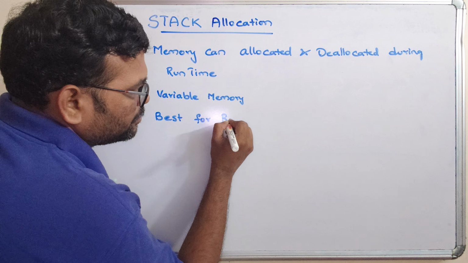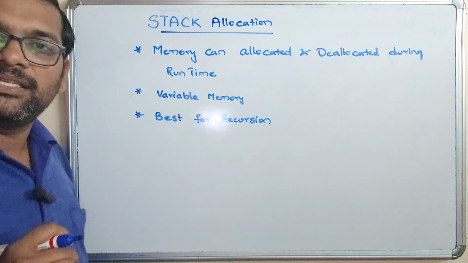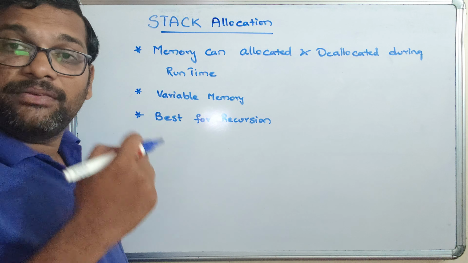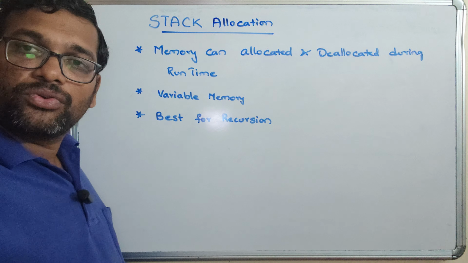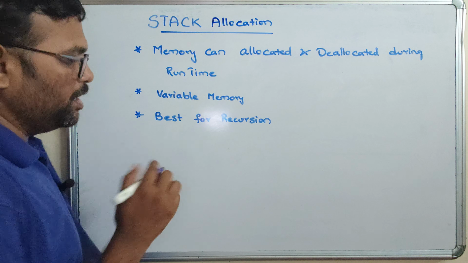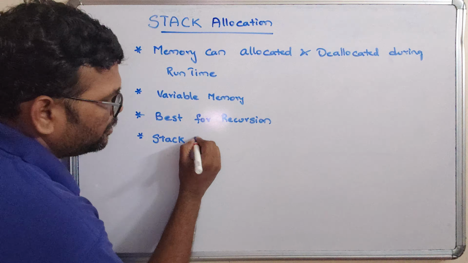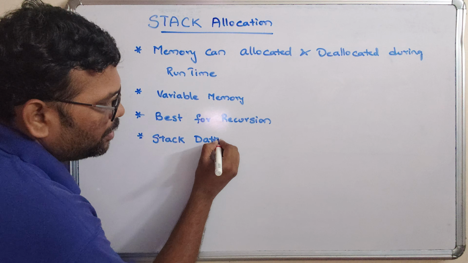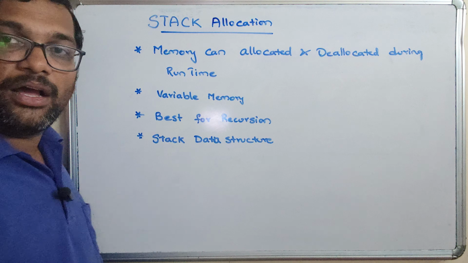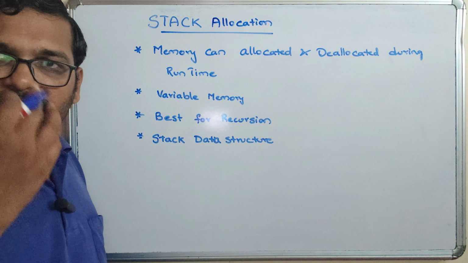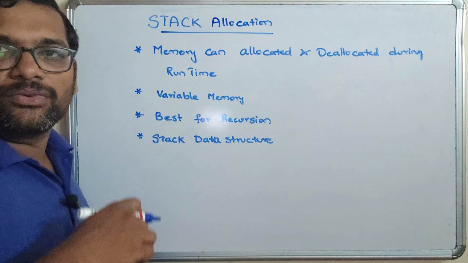It is best for recursion. Why is it best? Because recursion uses the stack data structure in order to store the function calls. All of you know about the stack data structure, right? Here it is last in, first out.